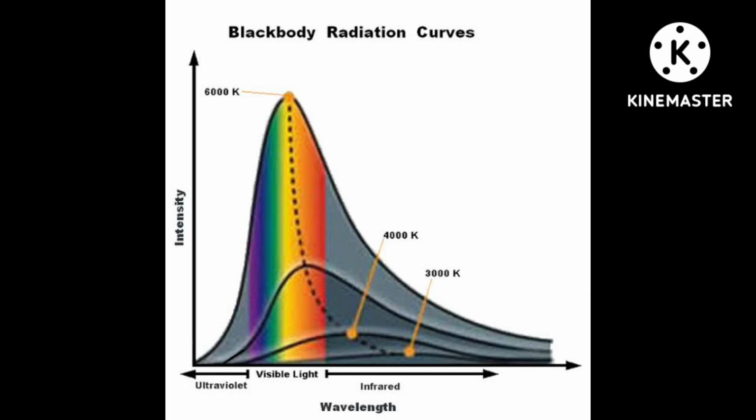According to the classical view, the energy content of the beam of light depends upon the brightness of the light.